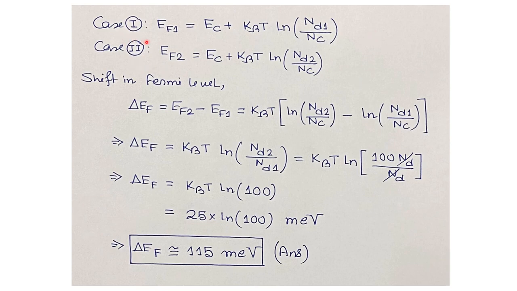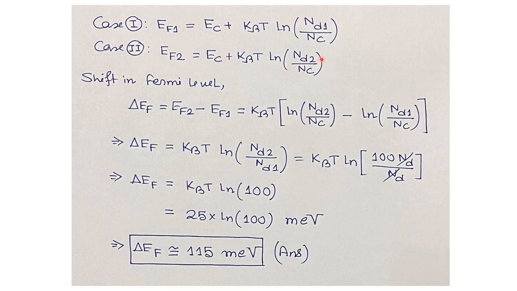In case 1, the Fermi level EF1 is equal to Ec plus kBT times ln of Nd1 by Nc, where Nd1 is the donor concentration in the first n-type semiconductor. For the second n-type semiconductor, where the doping concentration is increased by 100 times, the Fermi level EF2 is Ec plus kBT times ln of Nd2 by Nc.